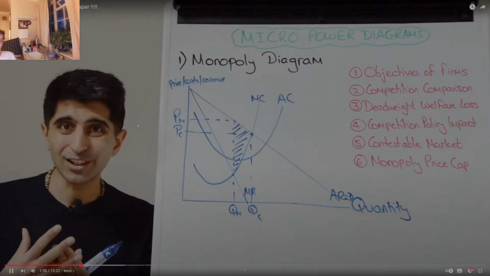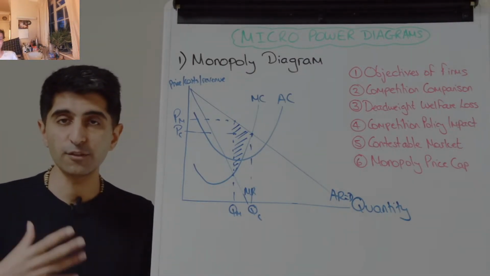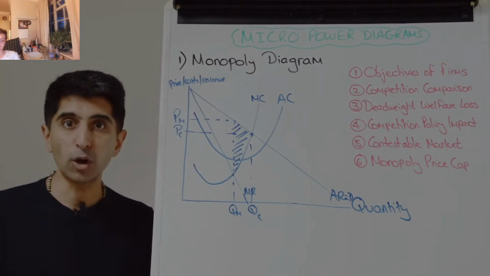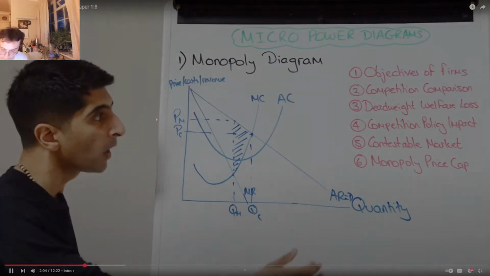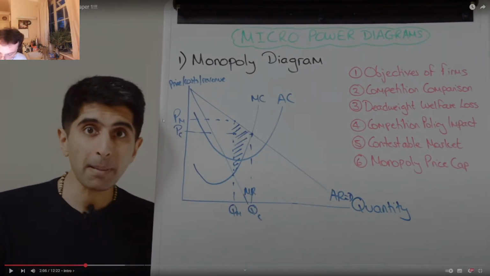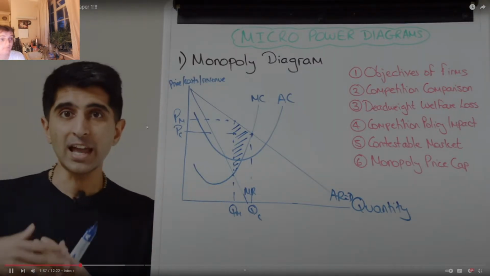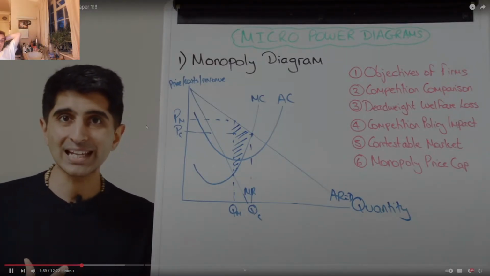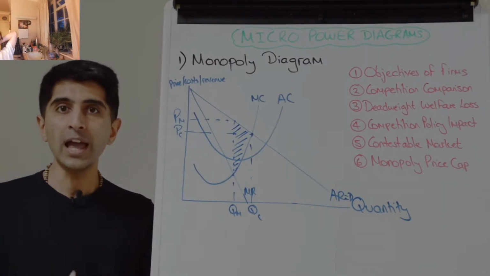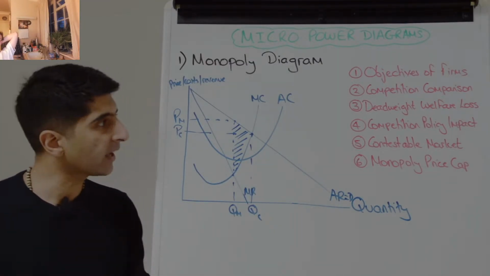Producer surplus diagrams are very powerful if we're linking to the real issues: the allocative inefficiency of monopoly, and also linking monopoly power to a market failure.